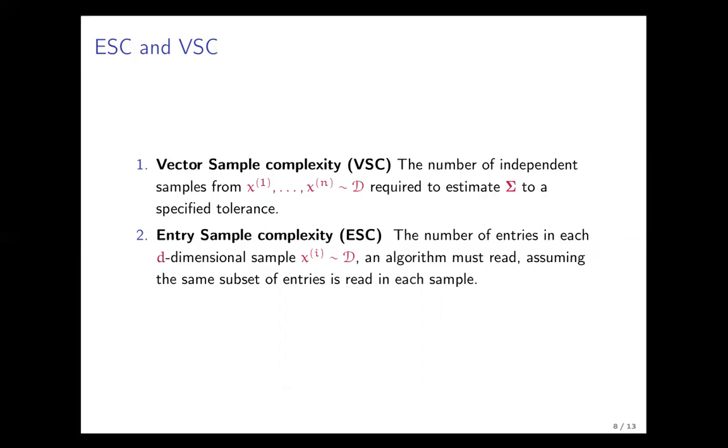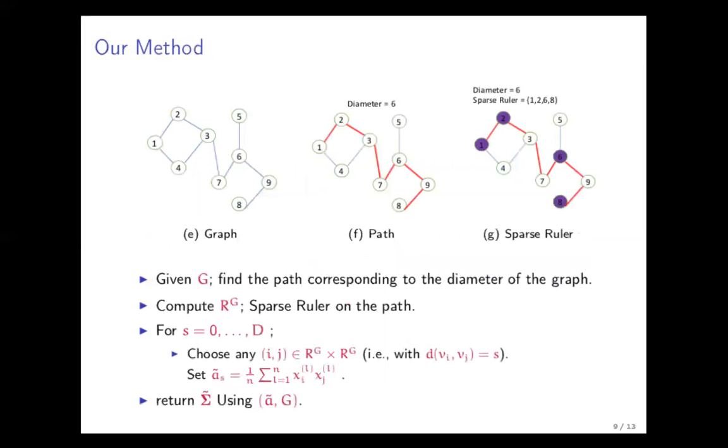In this work, we apply the sparse ruler on the path corresponding to the diameter of the graph to get a much lesser entry sample complexity, much less than the dimension of the sample.